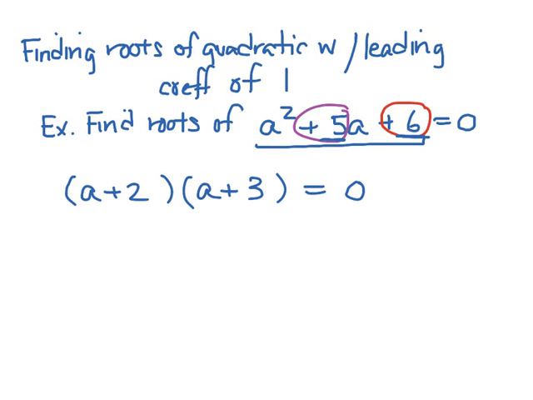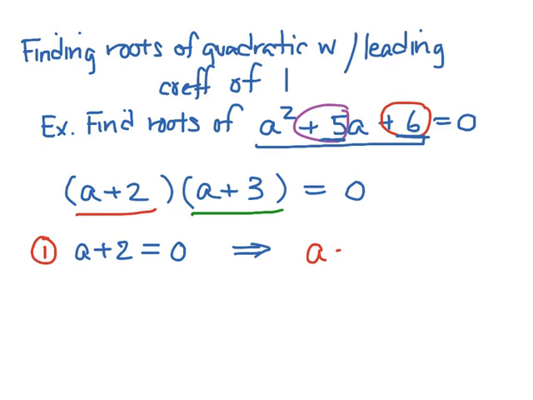So I split these into two equations that will make this true, right? In the first case, I have a plus 2 equals 0, and that would tell me that a has to equal negative 2.